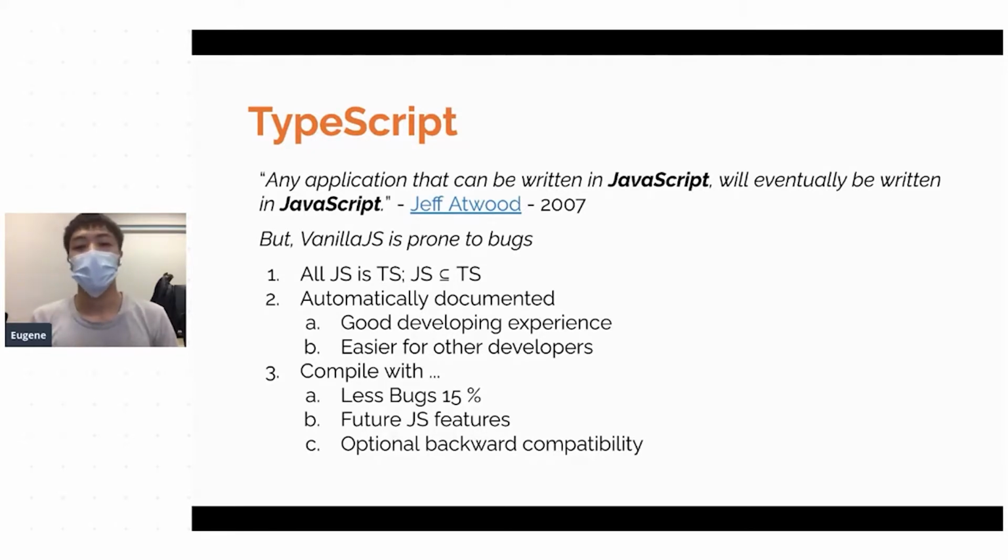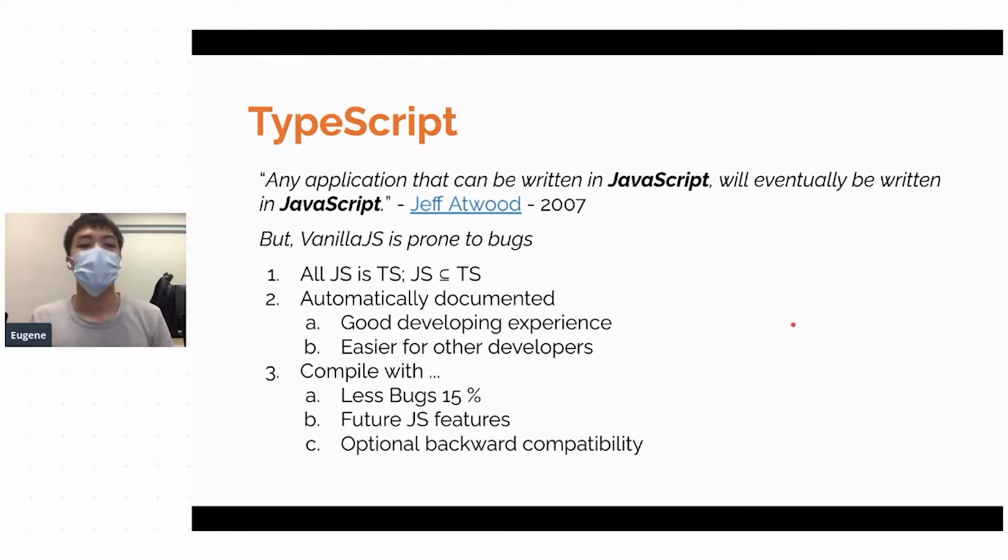You can easily cause bugs because you usually don't know what the return type of some other function is. And TypeScript is not just strongly typed. The first thing I want to say is that all JavaScript is actually a part of TypeScript, so your TypeScript can be compiled into JavaScript easily.